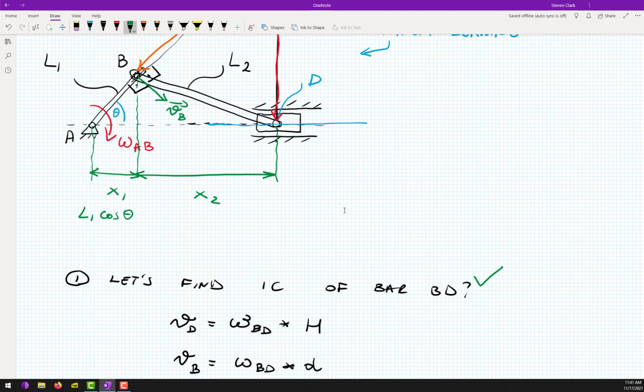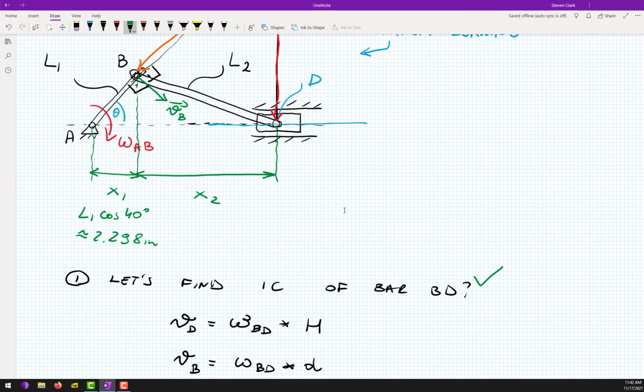Theta is 40 degrees, by the way, and L1 was 3 inches. So if you grab your calculator, you will obtain that this distance is approximately 2.298.